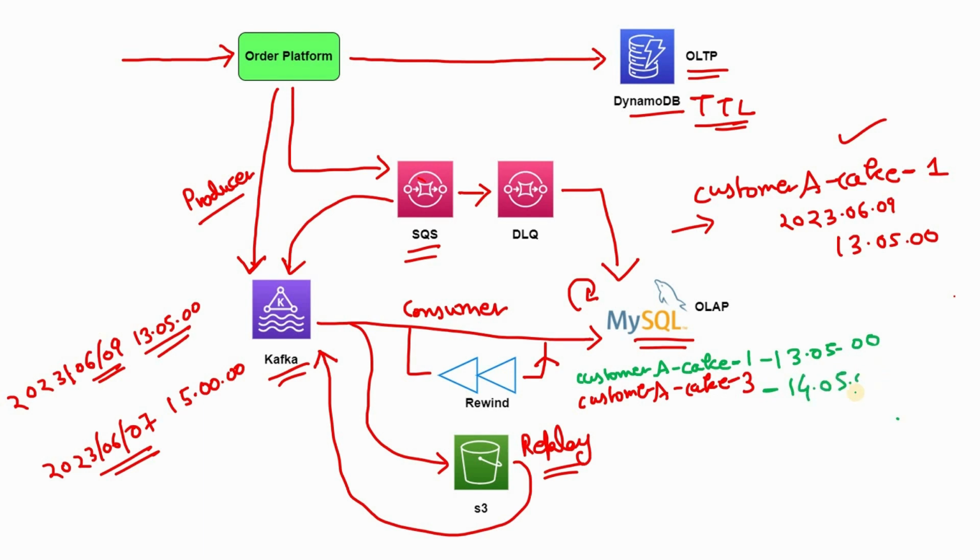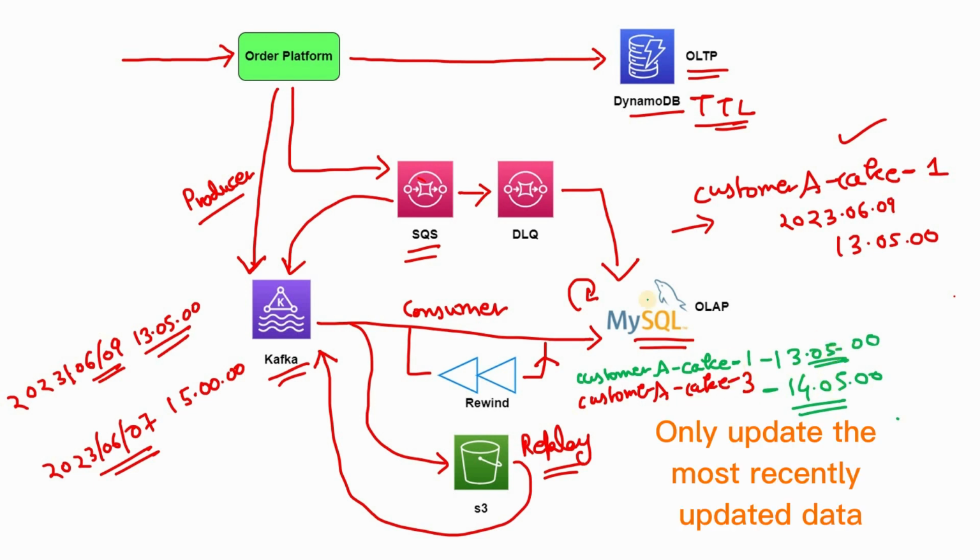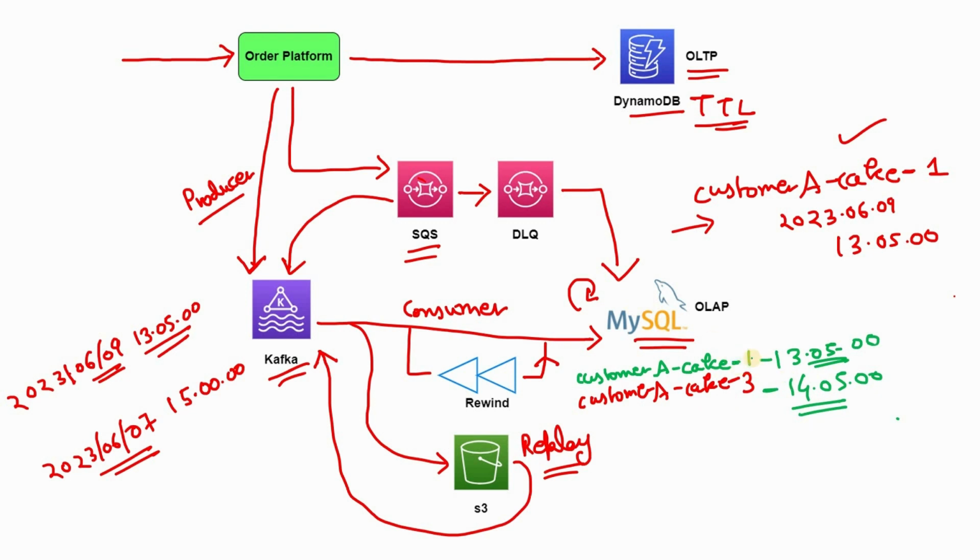So before doing this update in MySQL, it will check whether the timestamp is greater than the existing timestamp or not. If the timestamp for this event is greater than the existing timestamp, that means this is the latest information. So the consumer will update the order quantity from 1 to 3.